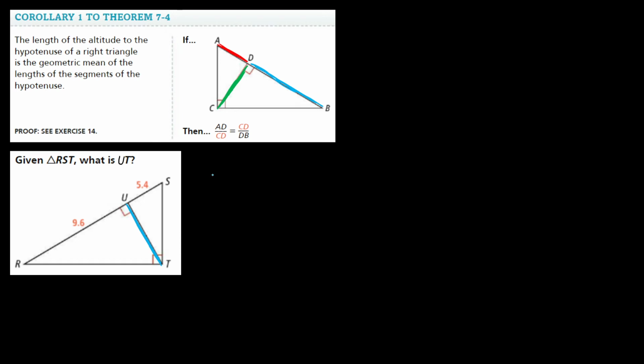So I know that I'm going to be setting up a proportion where UT is across from itself. And now I'm going to fill in the parts of the hypotenuse. Their position does not matter here. So let's say I've got SU on one part and UR on the second part.